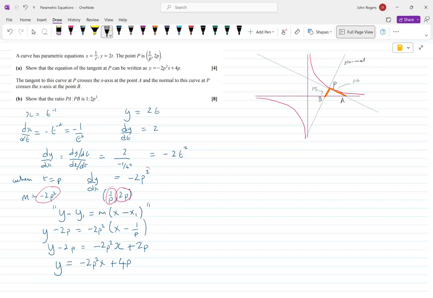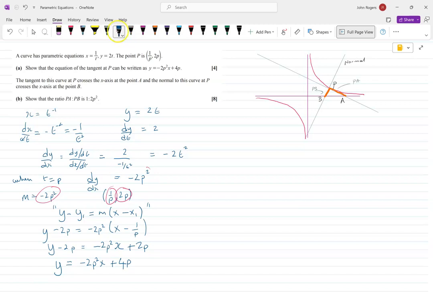Then we can find the coordinates of A and B and do a bit of geometry and algebra to find a way forward. Right, so let's just do that.